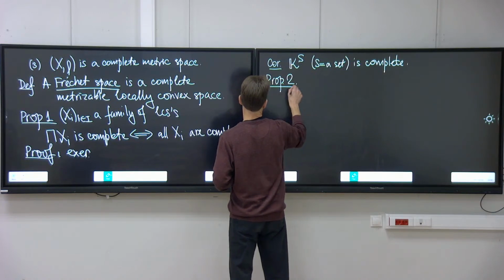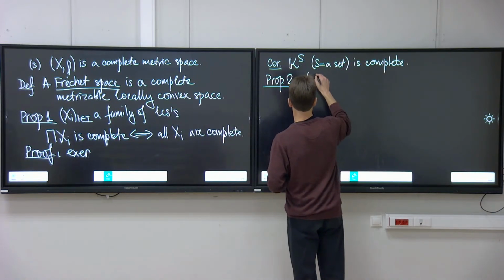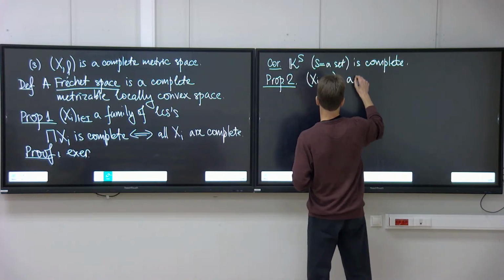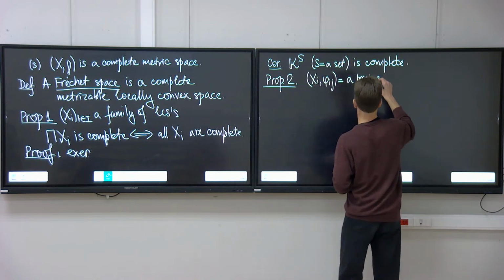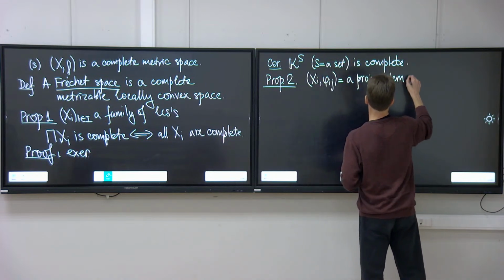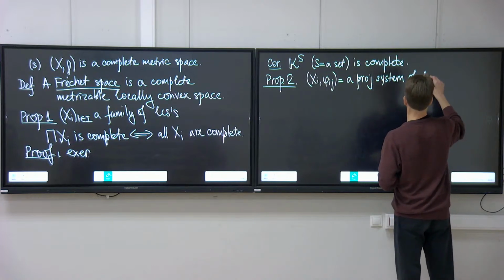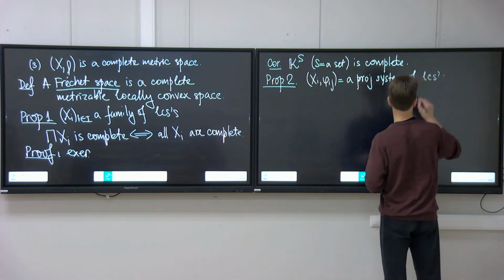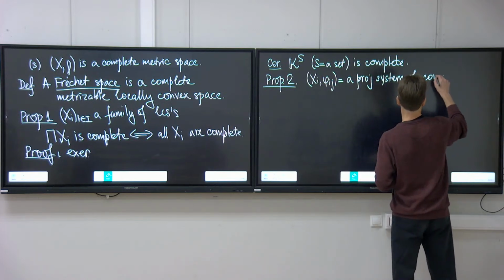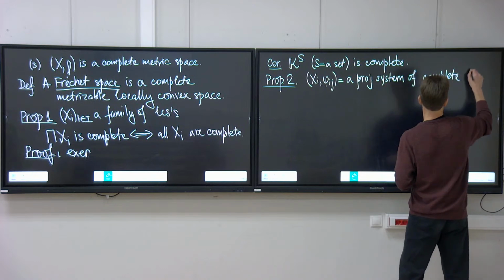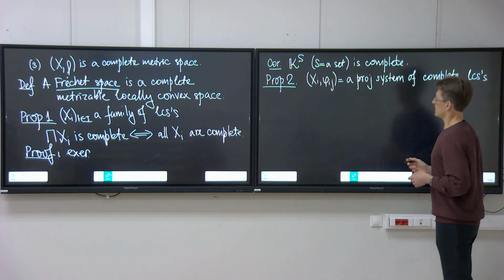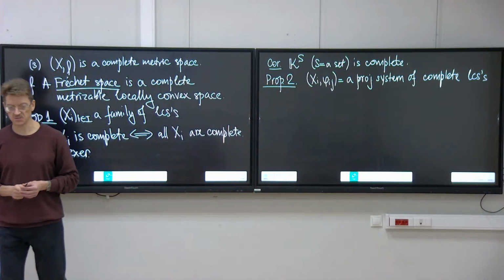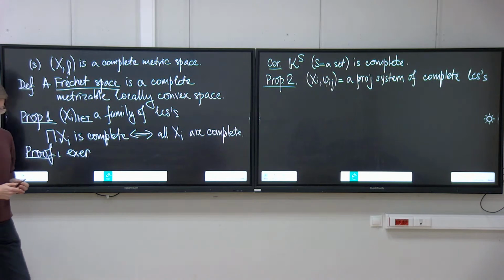Proposition 2. Suppose that we have a projective system of complete locally convex spaces. Let's recall that their projective limit exists and can be identified with a certain vector subspace of their product.